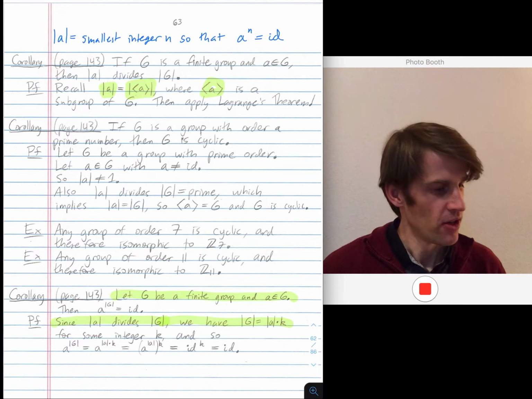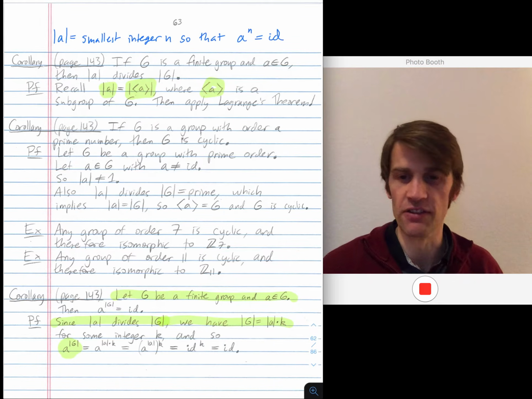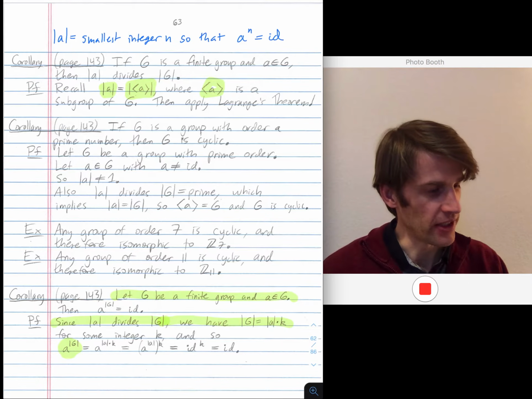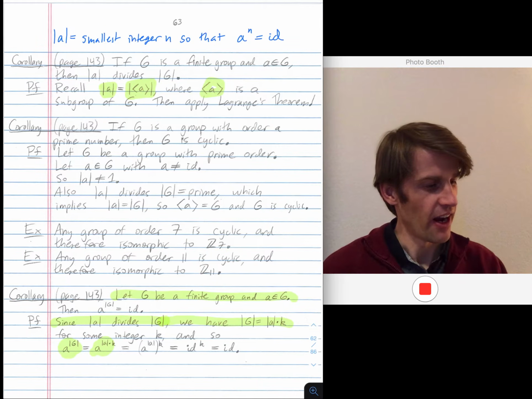Okay, so let's compute A to the size of G. We're hoping to get the identity. Well, that's just A to the power, the order of A times K. And then I can sort of factor this.